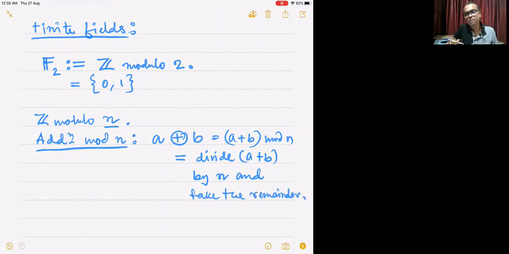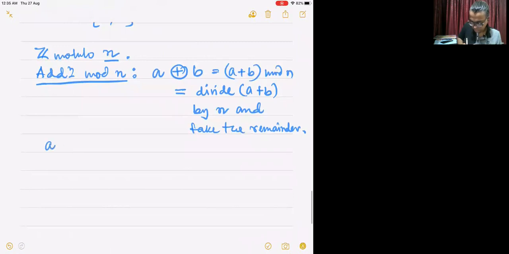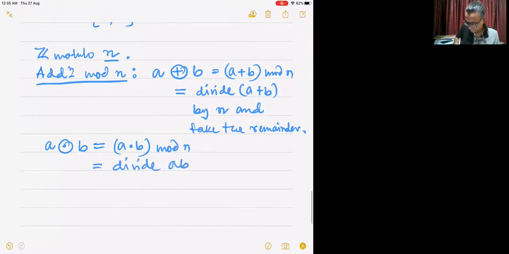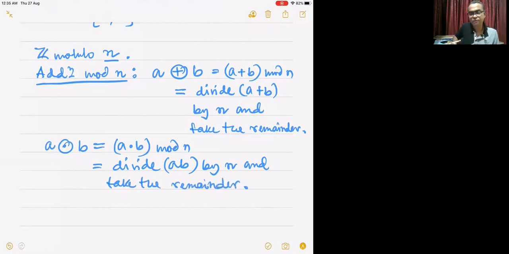That is what we mean by A plus B modulo n. A product B modulo n is AB modulo n. This is once again: divide AB, that is the product AB, by n and take the remainder. This is how the modulo operations are defined.